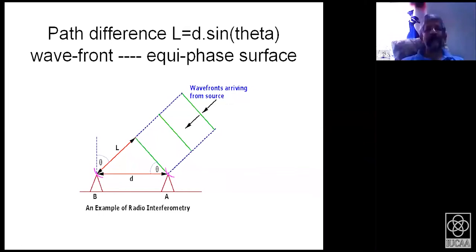But what we are dealing with while we assess the mutual coherence is the unavoidable path difference in the arrival of the same wavefront at the two locations. So let me get the cursor here. So this is the wavefront. Wavefront is nothing but the equiphase surface.